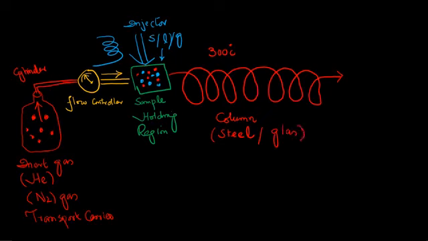Students, please keep in mind that the column of a gas chromatograph is usually a kind of empty tube. It is just like a tube, and the tube has inside it a kind of liquid, or it may be filled with a kind of solid.